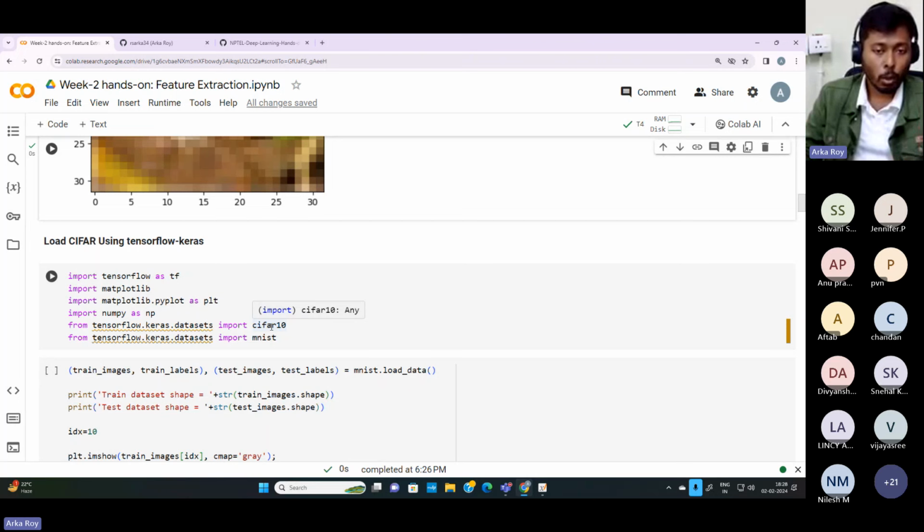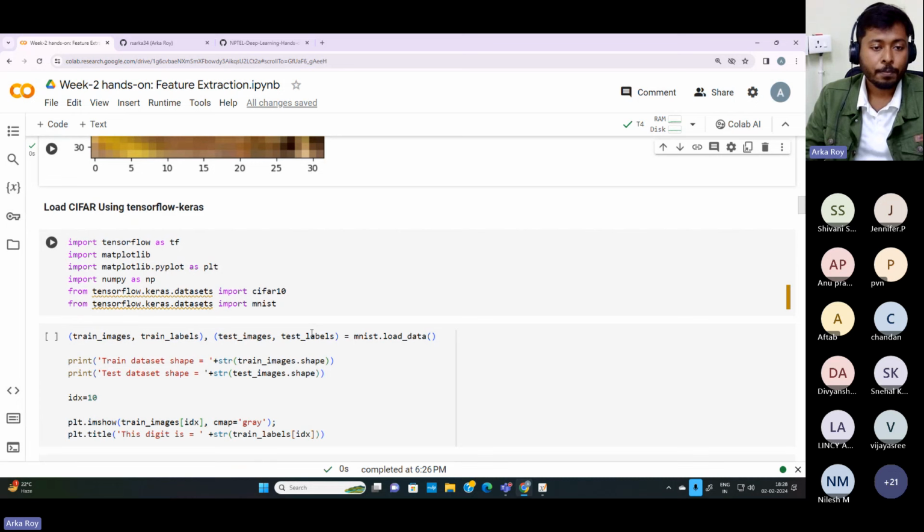From all the pool, I just want CIFAR-10, so that is why I have imported CIFAR-10 only. Similarly, as I have already told, I will be using the MNIST dataset. Therefore I have written from tensorflow.keras.datasets import mnist.